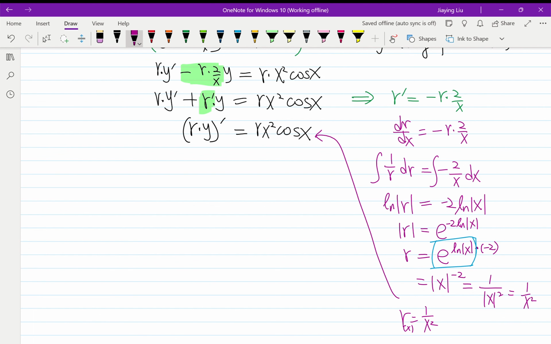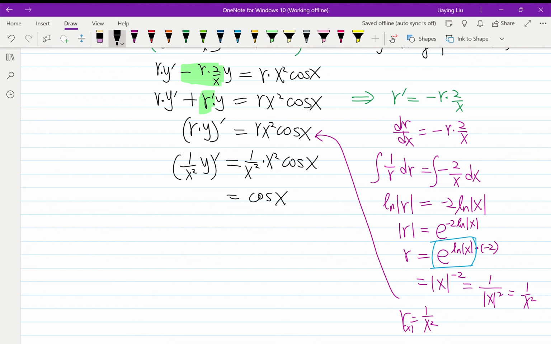So after we've done that, we take this r function and put it in the equation on the left. So that becomes 1 over x squared y derivative is equal to 1 over x squared times x squared cosine x. And the x squared cancels, so we just have cosine x remaining. The left side is the derivative, the right side is cosine x.